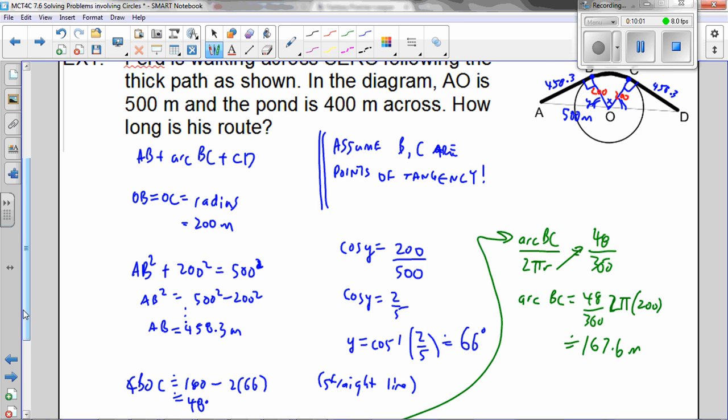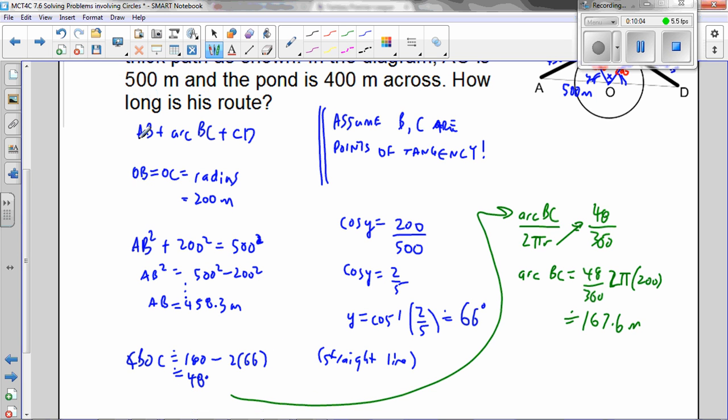And then finally we can put the bits and pieces together, right? We said AB was 458. The arc was 167. And the last little business, CD, was the same amount as AB. So 458.3 plus 167.6 plus 458.3, which is equal to about 1.1 kilometers.